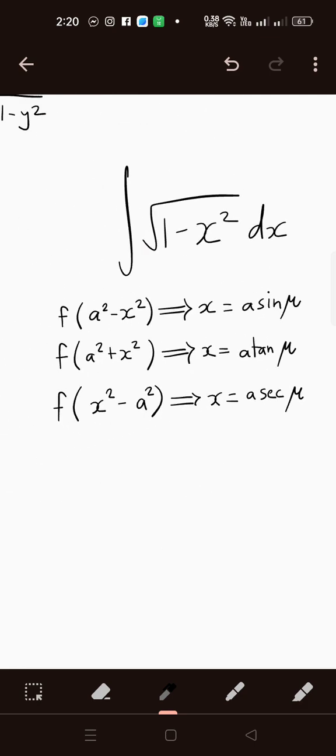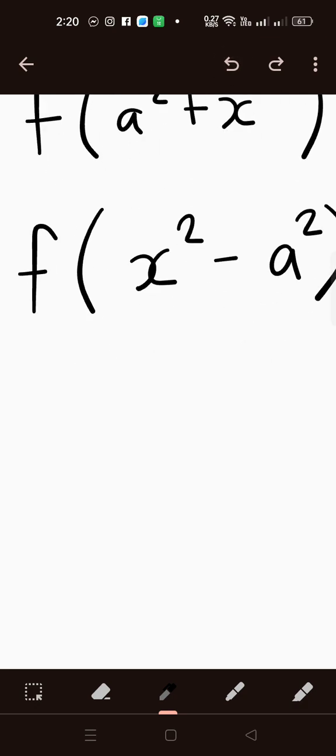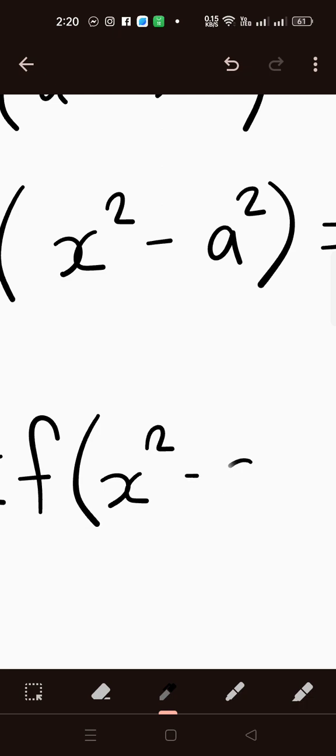Usually this form would be something wherein I would have x times f of x squared minus a squared.